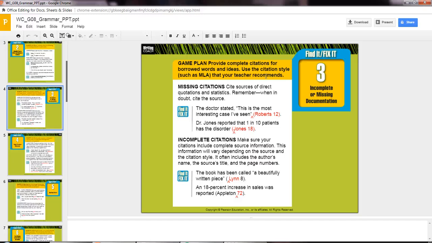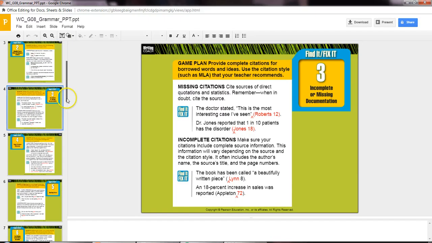That is not okay. So this person has a missing citation, and it tells you what the problem is, and then it tells you how to fix it. Cite sources of direct quotations and statistics. So when in doubt, cite the source. She needs to go back in and cite the Constitution of the United States. And that would fix her grammar game plan number 3.